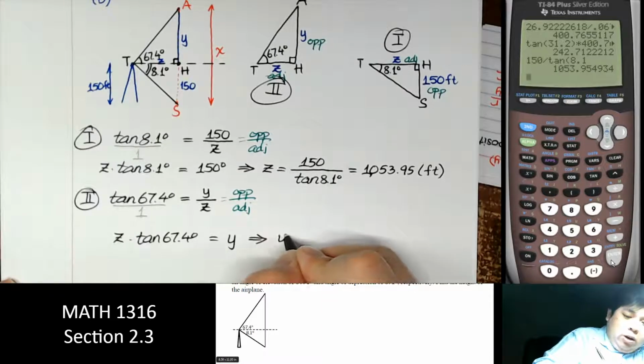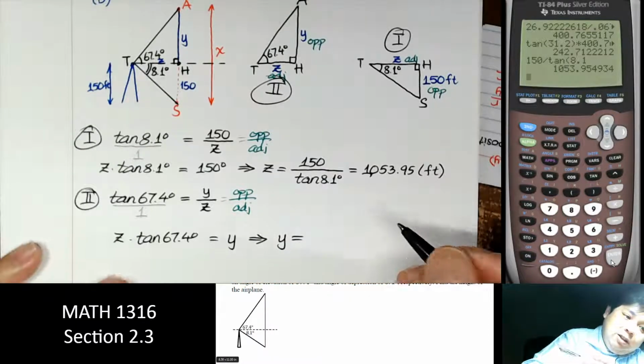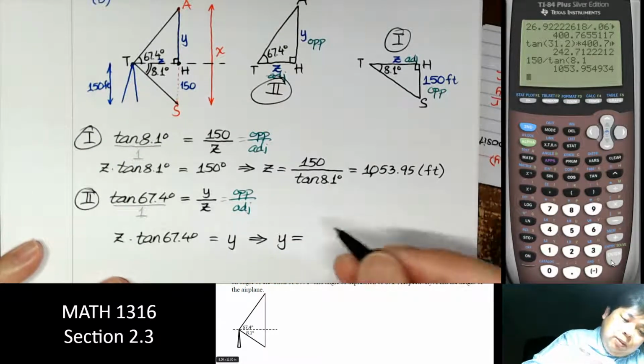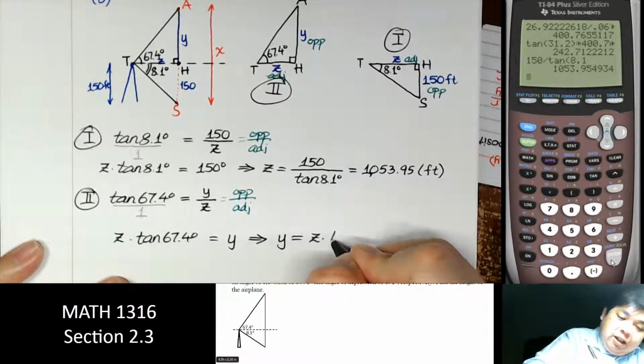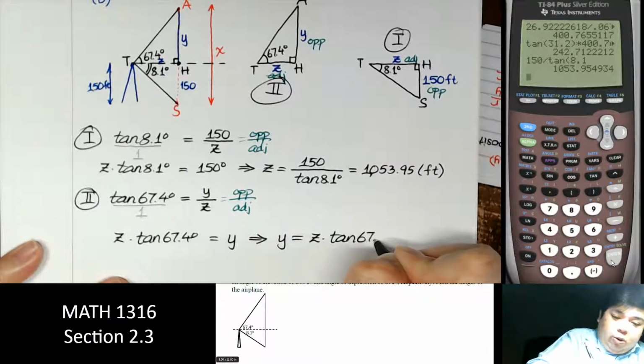Also we have Y equal to Z tangent of 67.4 degrees.